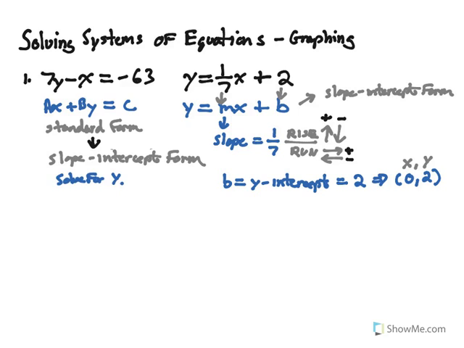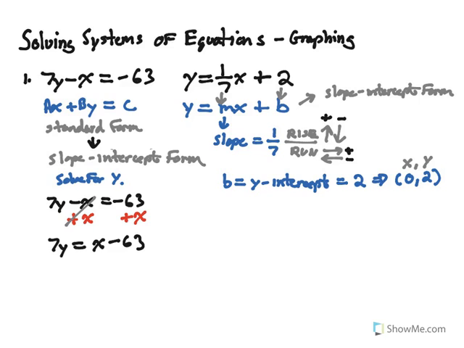So we can do that when we have 7y minus x equals negative 63. We can go ahead and solve for y by adding x on both sides so that the x variable cancels. Then you're just left with 7y equals, and then instead of writing minus 63 plus x, I'm just going to write x minus 63 so it's in the right order. Okay, it's a little bit easier to read.